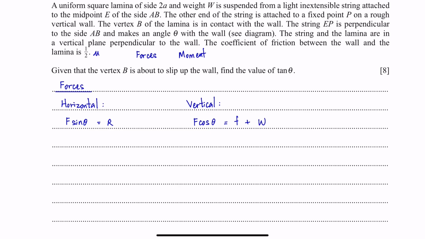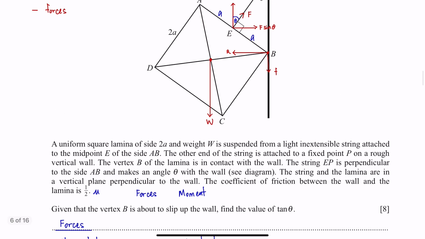But we know that the vertex B is about to slip up. So the friction in this case would be maximum friction.